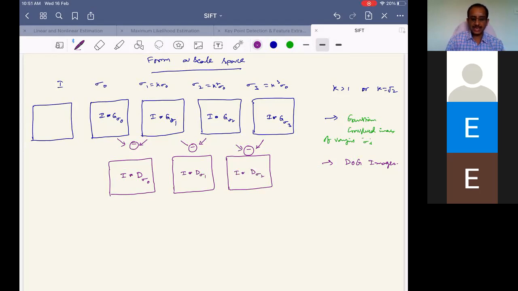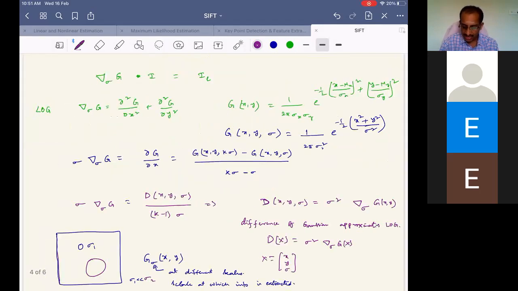Now, in this difference of Gaussian, what we want to see are the key points which are stable across different scales. As I mentioned, the Laplacian of Gaussian can be easily approximated by a difference of Gaussian.